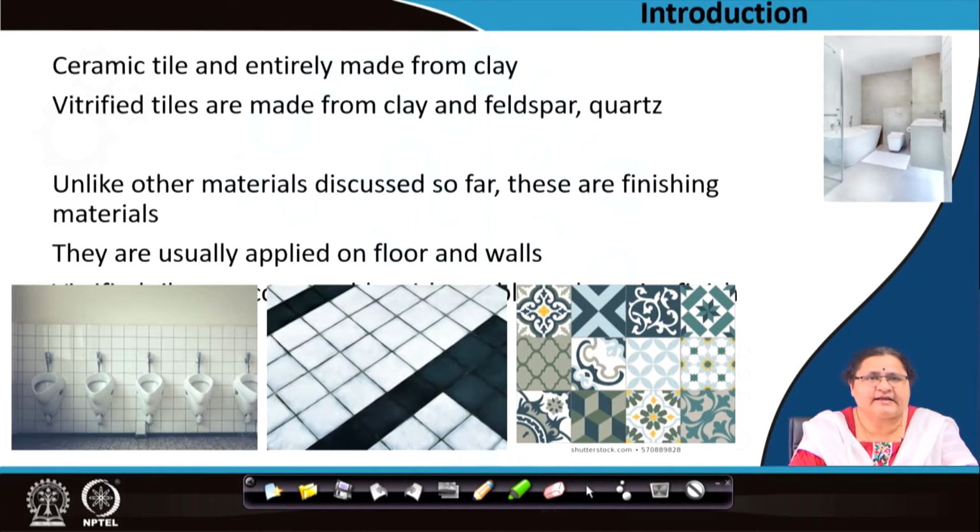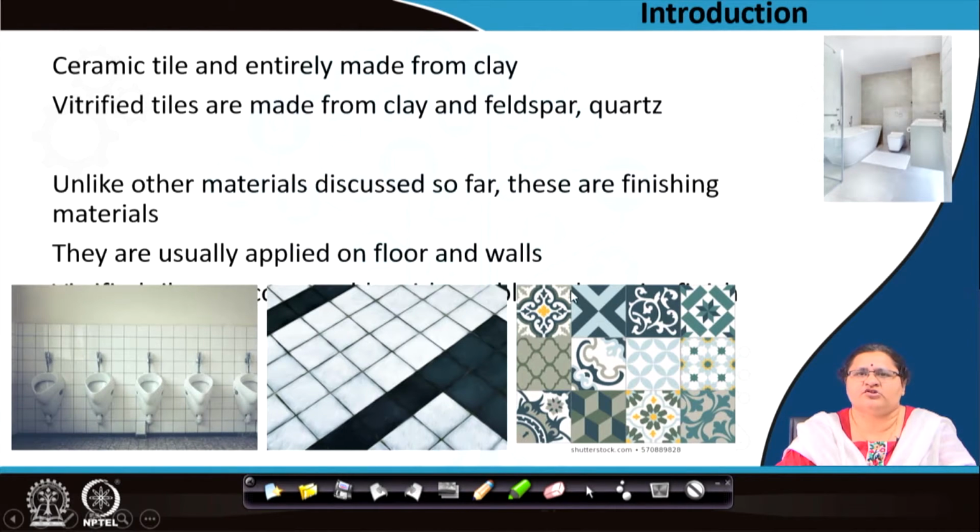As you can see, these are very familiar pictures. I have brought such familiar pictures to you. As you see, this is where wall tiles are used. The dado of the washroom and the urinals is made of wall tile. Whereas here you see a floor tile, placed on the floor.